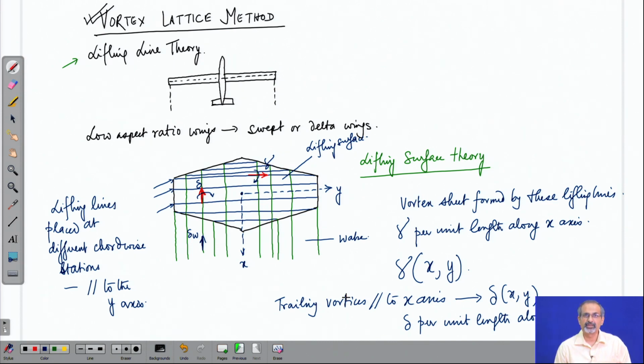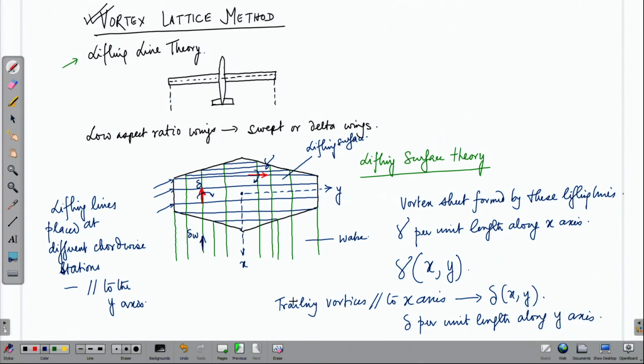So, this is how we define the vortex sheets formed by the lifting lines and by the trailing vortices, giving you the gamma and delta distribution.